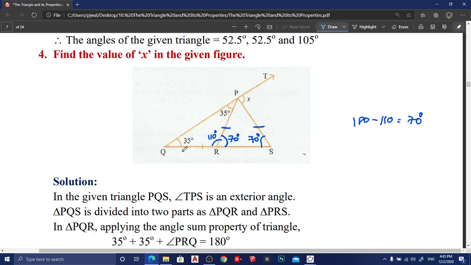If you take the total triangle, x becomes the exterior angle and these two become the two opposite interior angles. Now you know the relation. x is equal to how much here? 70 plus 35, which is 105 degrees. So this is the answer, 105 degrees.